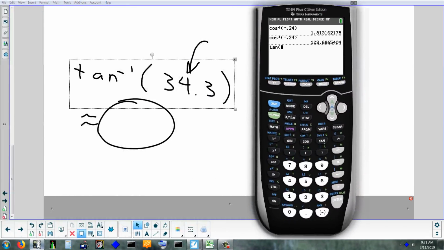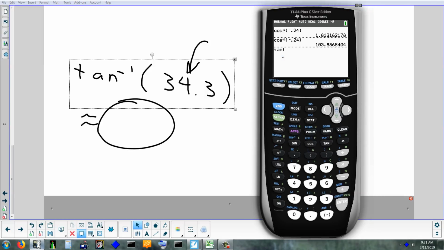So tan like that? Now, look at that function there. Does that one match that one? Look at it. No. What am I missing?